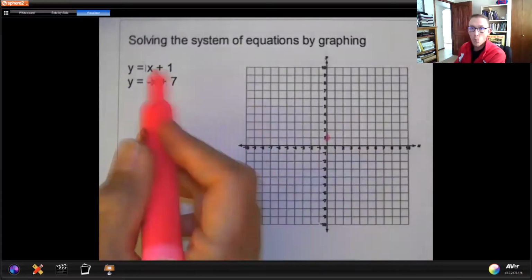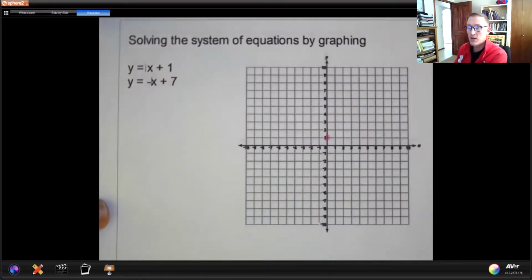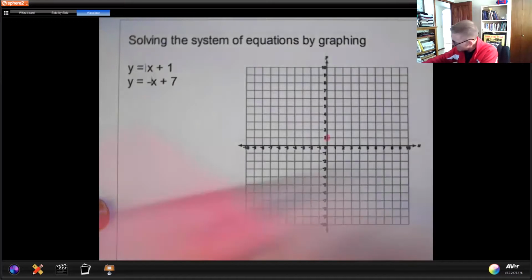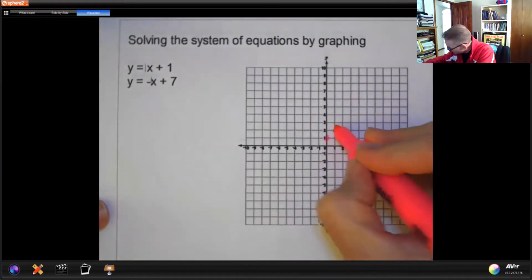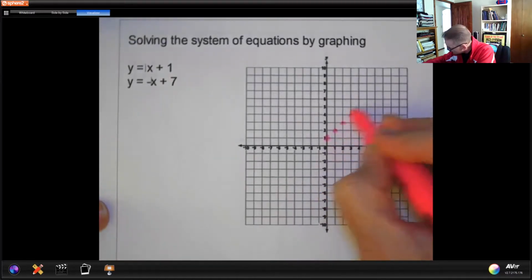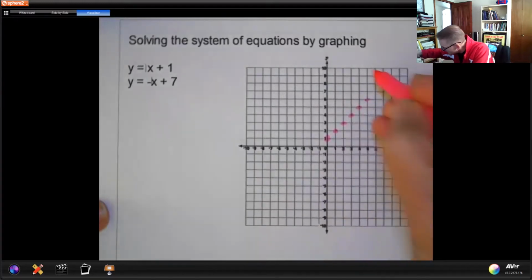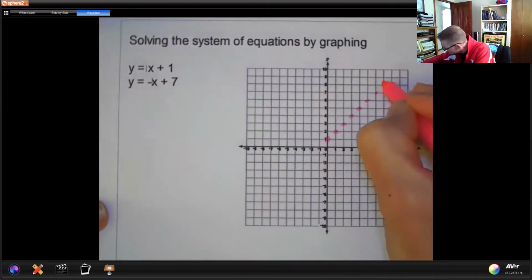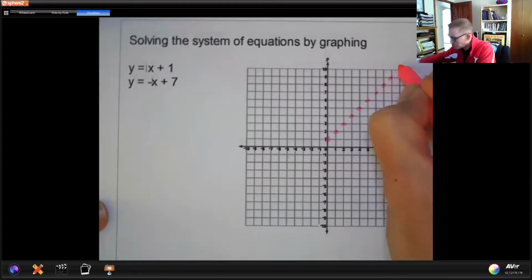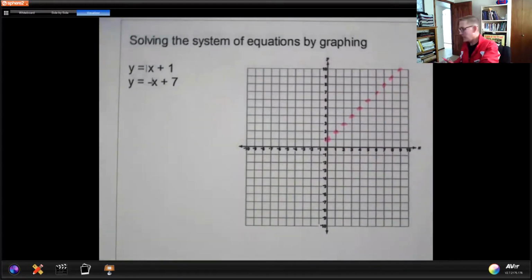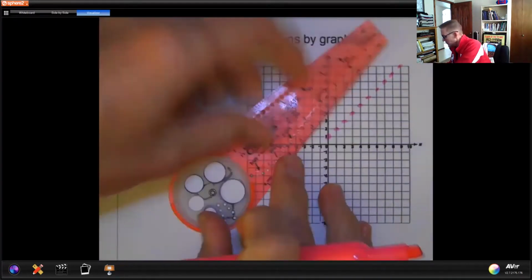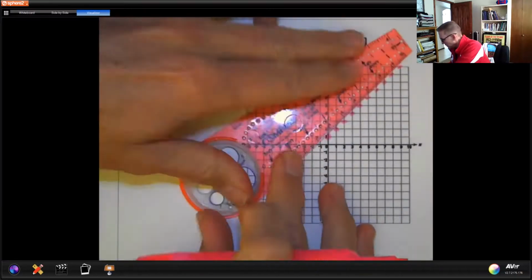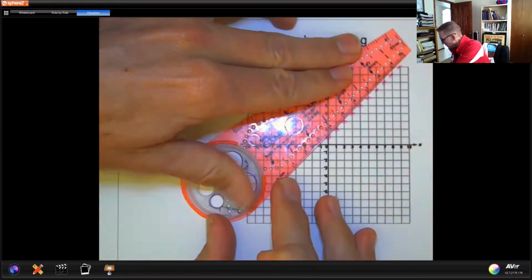And then the slope is 1, so as I make that a fraction, that means rise 1, run 1. So up 1 over 1, up 1 over 1. Draw a whole bunch of dots here. And I can continue back in the other direction.